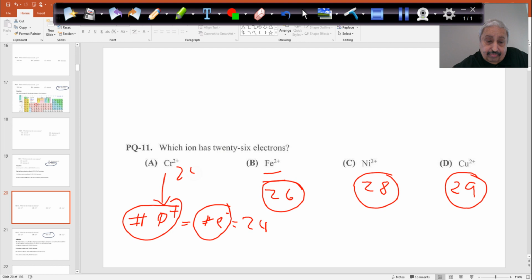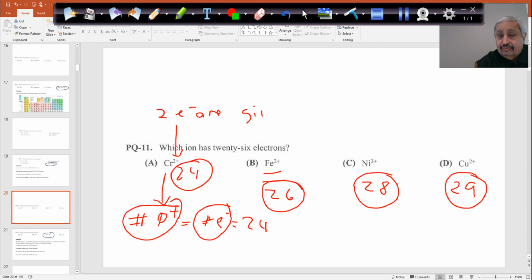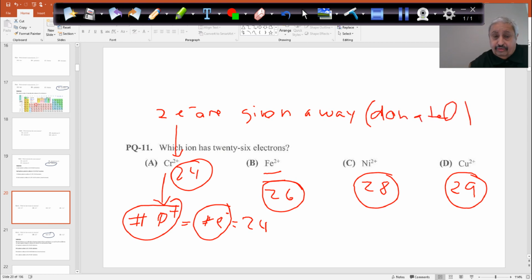This is 24 here in a neutral atom. Now we have to look at whatever the charge is. 2 means it's giving away 2, so 2 electrons are given away or donated. If you look, this is 2, this is 2, this is 2, this is 2.